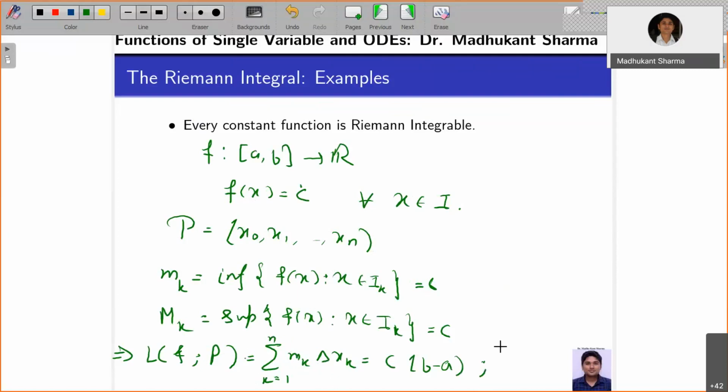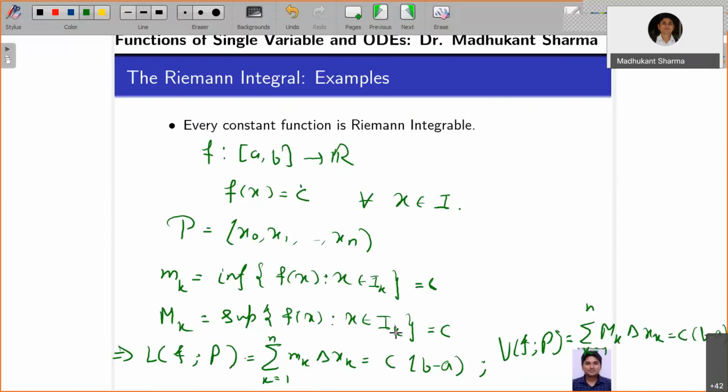Similarly, you can show that U(f,P) is the summation of capital Mk times delta xk, k equals 1 to n. Capital Mk is also c for all k, so c comes out, and the summation of delta xk is b minus a, so that equals c times b minus a.